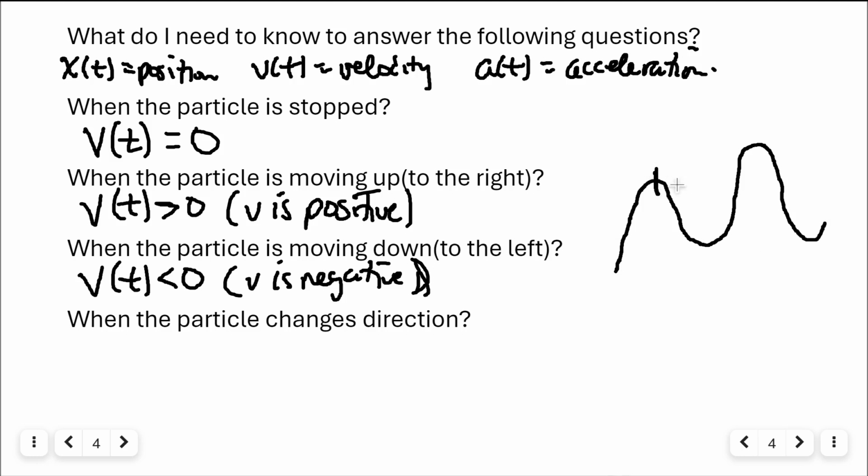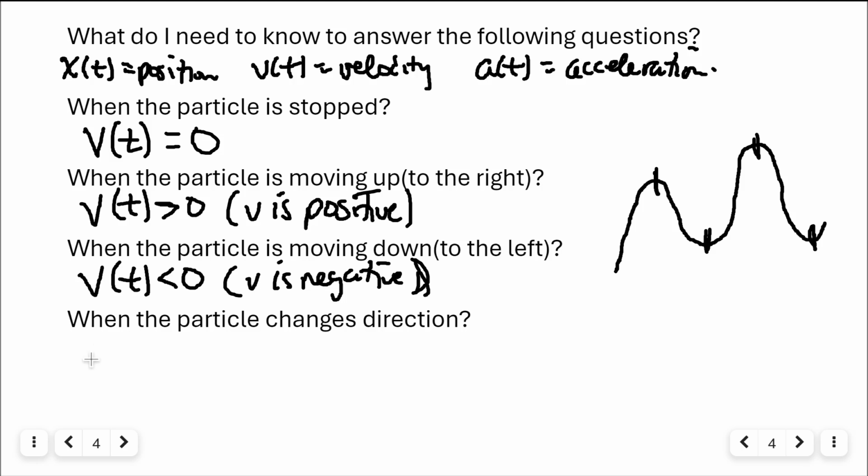It changes direction there, changes direction there, changes direction there, and changes direction there. So what would I need to know? I would need to know when this is going up and then it's going down. So where it changes from moving up to moving down, or moving down to moving up.